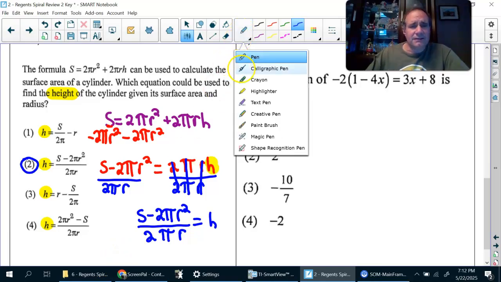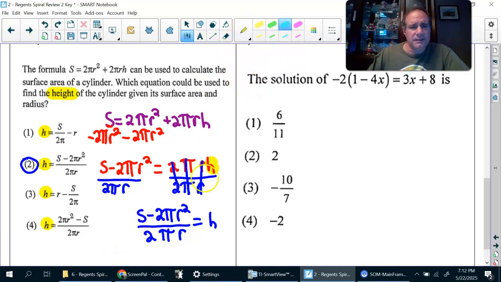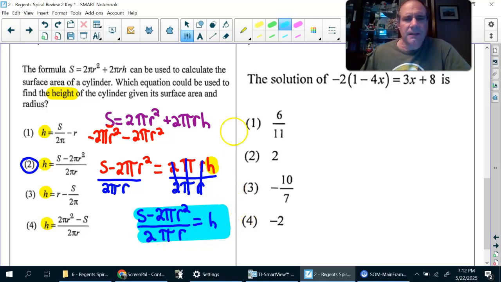That is it. So you're looking to see that you're solving for h, and you did it using inverse operations, nothing different than what you've learned before.